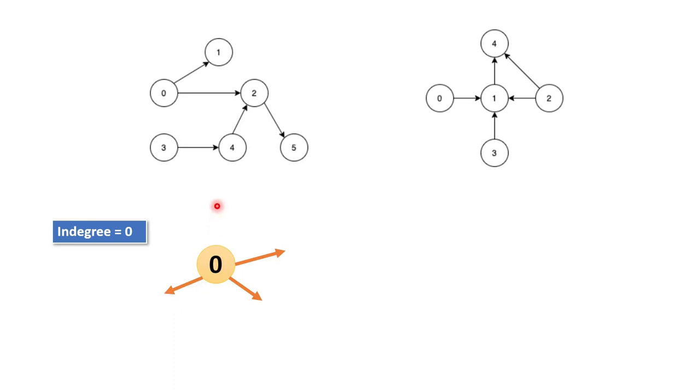No edges are coming towards this vertex. All edges are going outwards. So that node will have in degree value as 0. That means you have to start from here, or else how can you reach this node, because there is no edge coming towards this node, right?